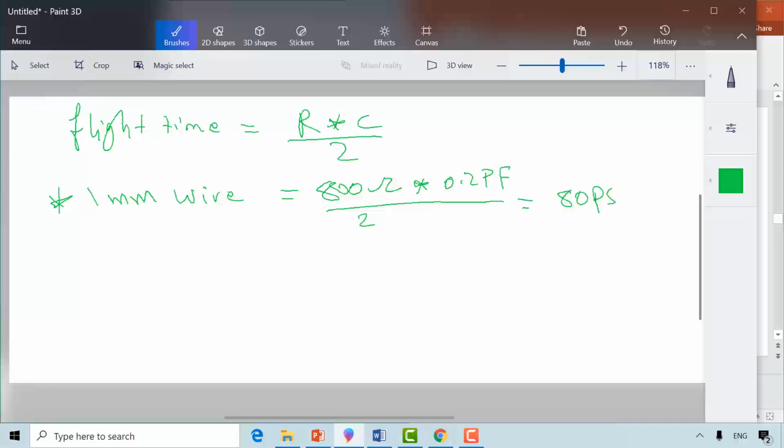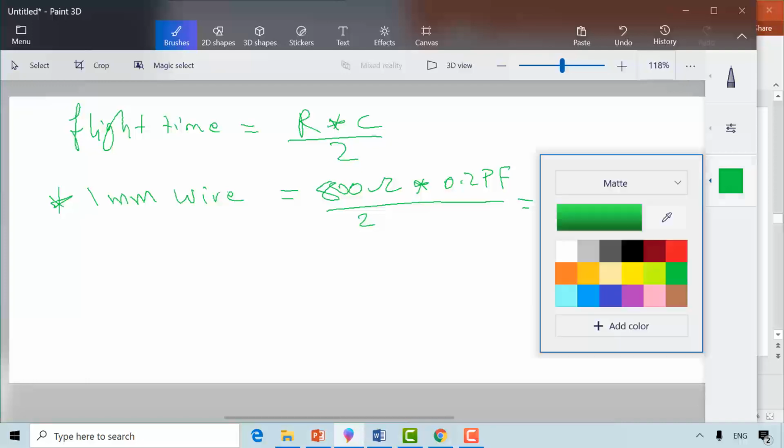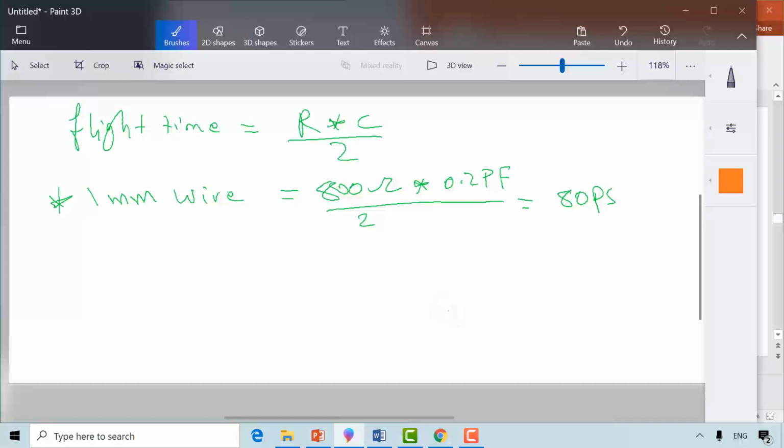Now, we want to express this delay in terms of fan out of 4. We computed fan out of 4 in the logical effort section, and we know that fan out of 4 has a delay of 5.